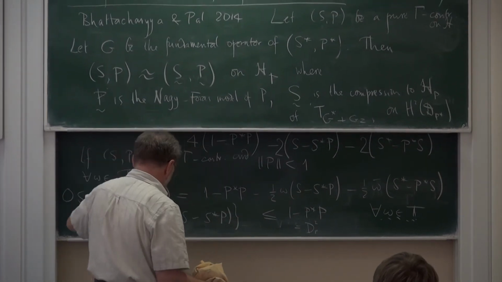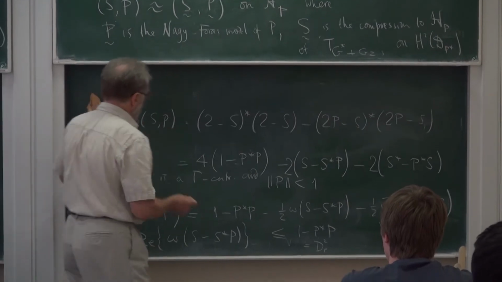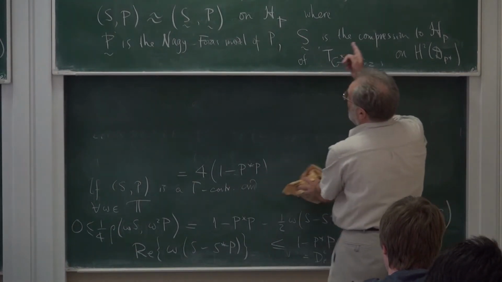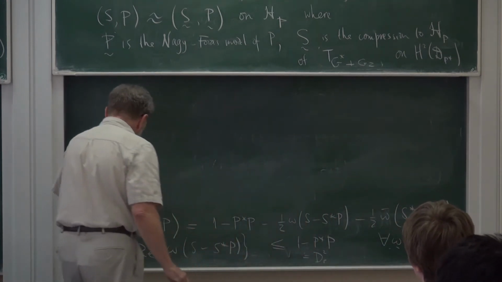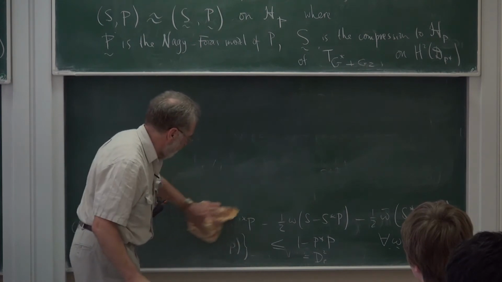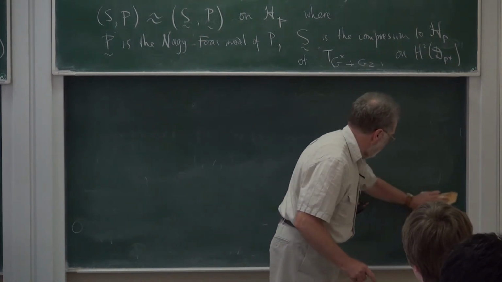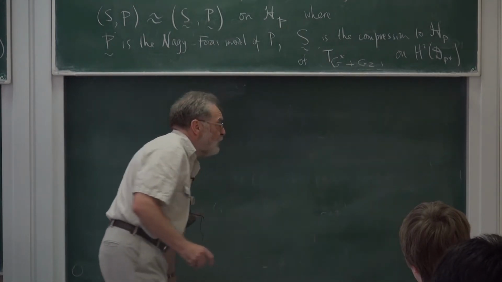So that's, once you know the Nagy-Foias model for contractions, then this is really a very simple kind of extension of it to gamma contractions. Now I want to prove this.